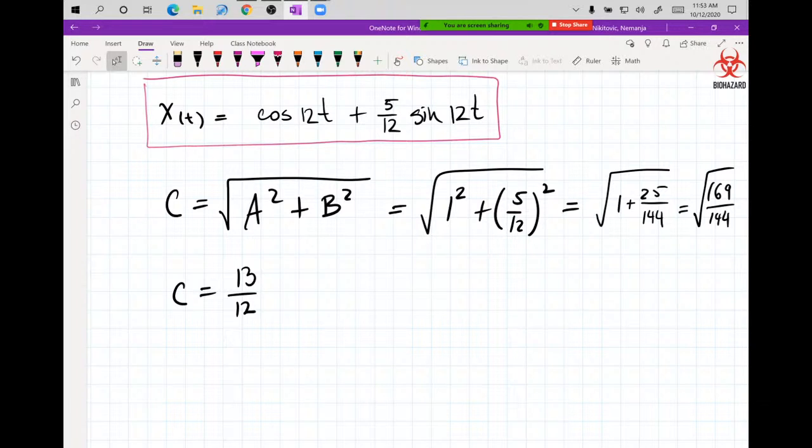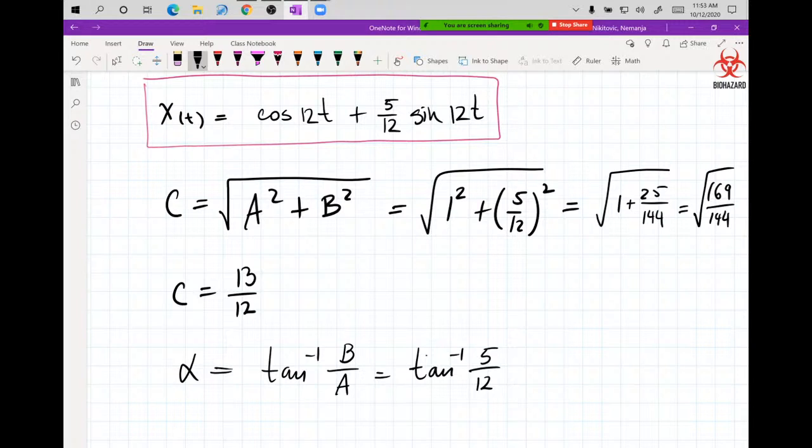Yes, good. Now, the alpha angle, right, the phase shift, was the inverse tangent of b over a, which is actually just the inverse tangent of 5 over 12, because a is 1. Right, and you could do that on your calculator. This is a 5, 12, 13 triangle, which is called the Pythagorean triplet.